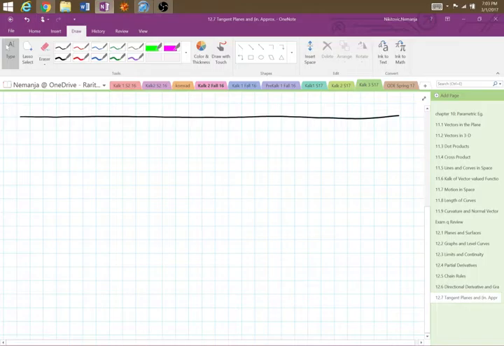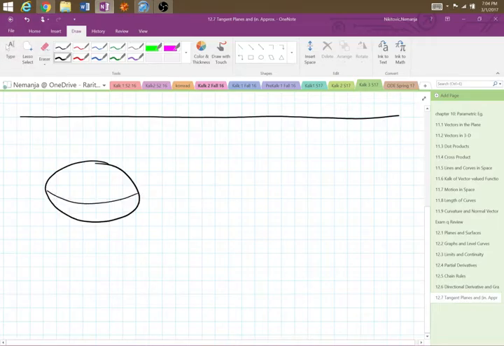So we have some kind of object. Let's put an elliptical paraboloid. We pick the point, and then at that point, there is a tangent plane.